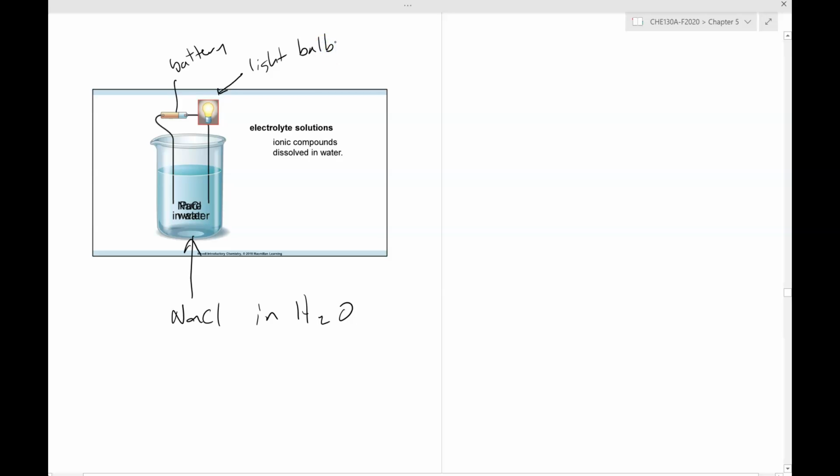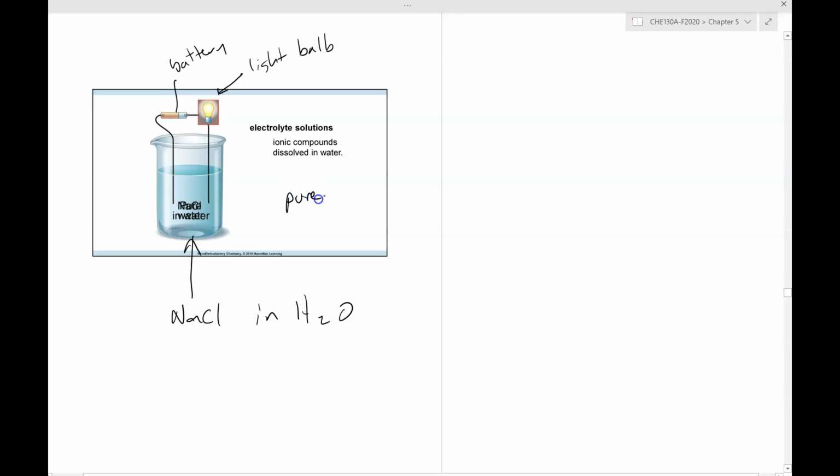And the electrical circuit has to go through the solution. And if you have pure water, it turns out that light bulb won't light up. Pure water actually doesn't conduct electricity, but it has to be really, really pure water.